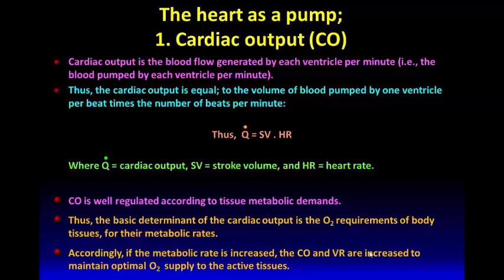Just to summarize then, one of the major functions of the heart as the central pump of the cardiovascular system is to provide cardiac output with pressure.